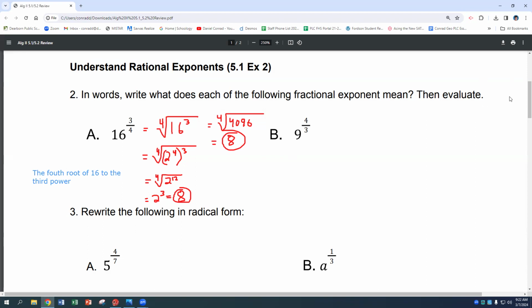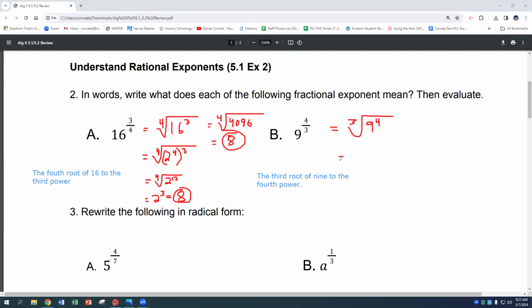Okay, the next one. This is going to mean the third root of 9 to the fourth power. If we evaluate it, this is going to be the third root of 9 to the fourth.